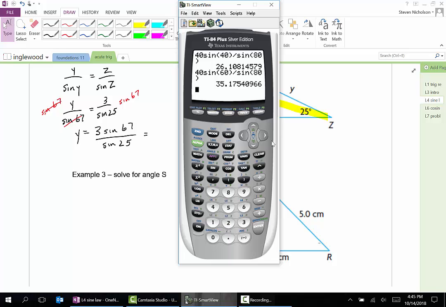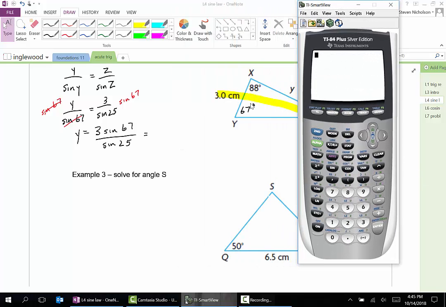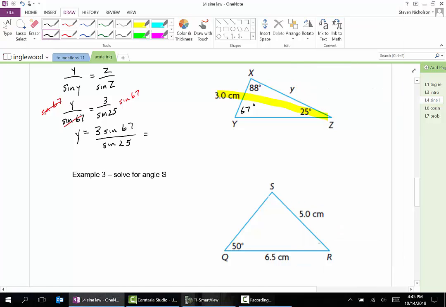So let's plug that in and see if, in fact, we do get that. 3 sine 67 divided by sine of 25. And we get 6.5. And even though I don't know right now if that's absolutely right, I'm pretty sure it's right because it actually fits what I think.